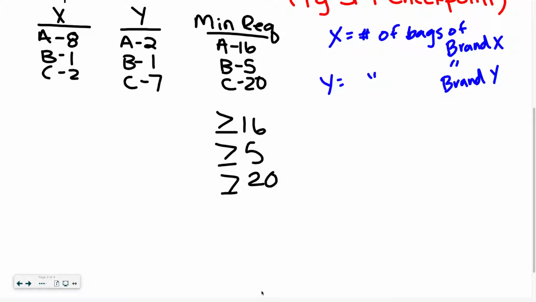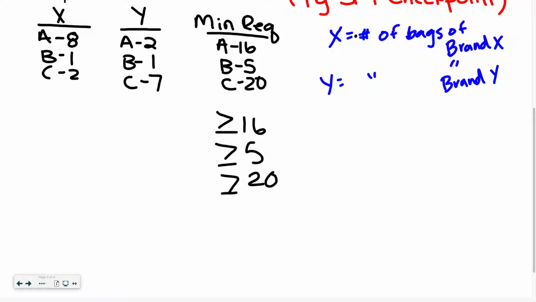So think about your unknowns, the number of bags of brand X and the number of bags of brand Y. Think about the things that you do know over here. Okay. If we want to write an inequality for the minimum requirements for nutrient A, we're going to be focused on the number of nutrient A that come in each bag, right? If I only buy one bag of brand X, how many nutrient A's will I have? 8.